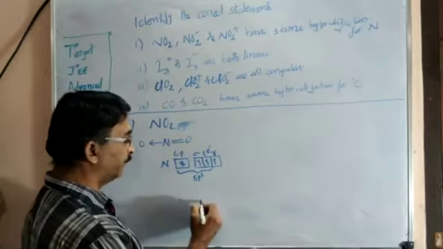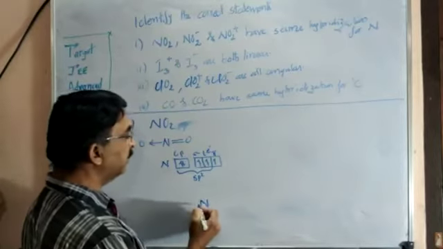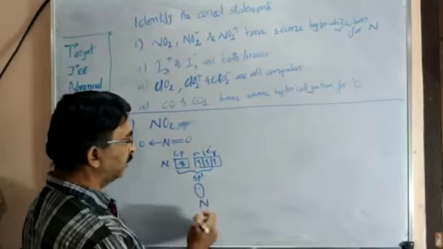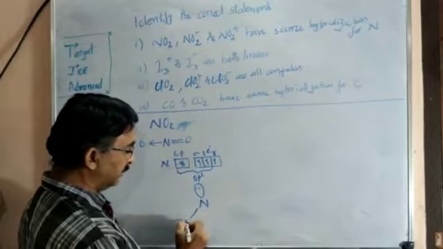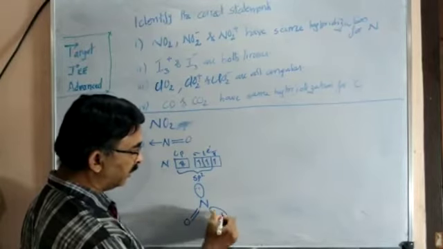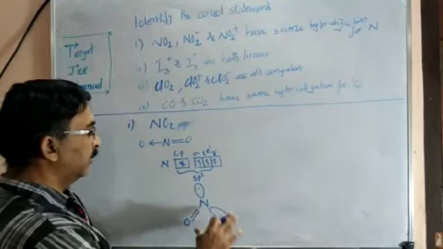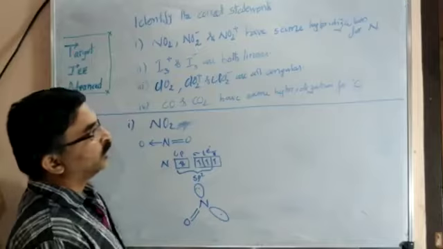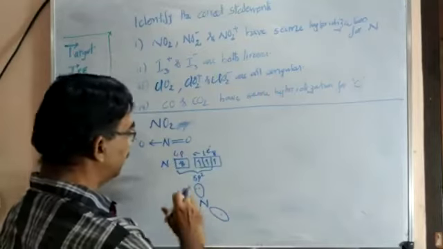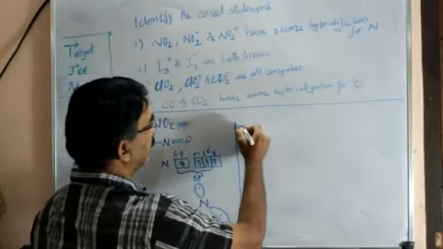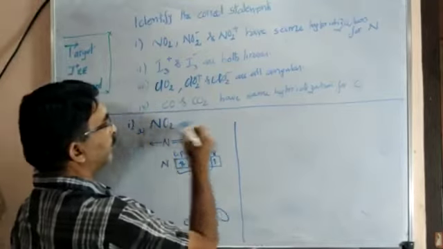So we have sp2 hybridization with one lone pair, one sigma bond, another pi bond, and another one lone electron. The molecule has a bent or angular geometry with the hybridization being sp2.